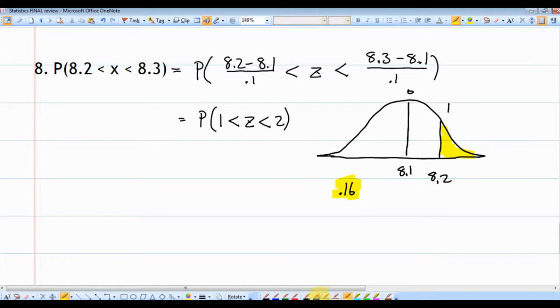Okay, let's take a look at the next one, which is 8.3. 8.3 is going to be another standard deviation away, with a z-score of 2. So do you remember the area outside here?